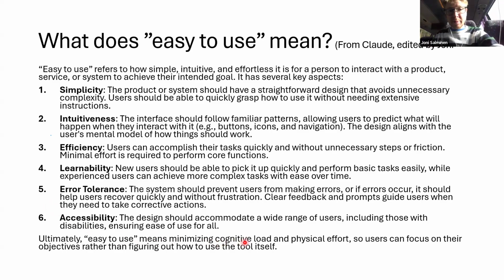Overall, it's about minimizing the cognitive load and making something as effortless as possible, which is what you mean when you say easy to use. But you're not able to articulate it because you haven't been thinking about what is actually involved in creating easy to use products.